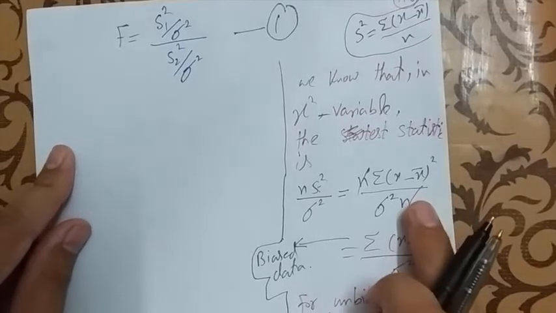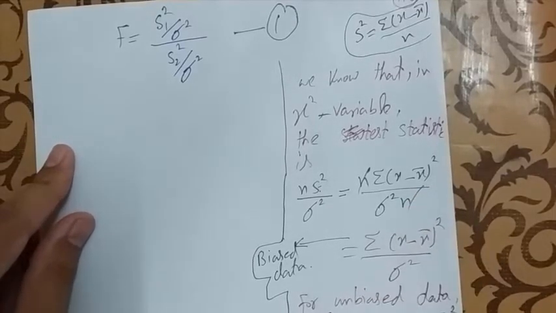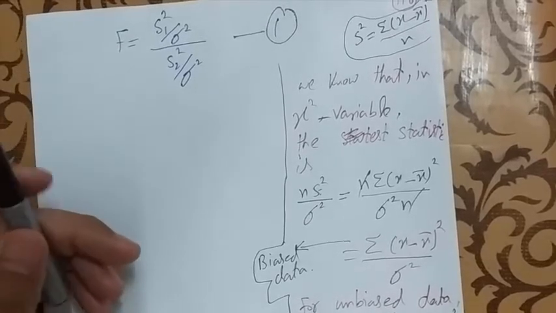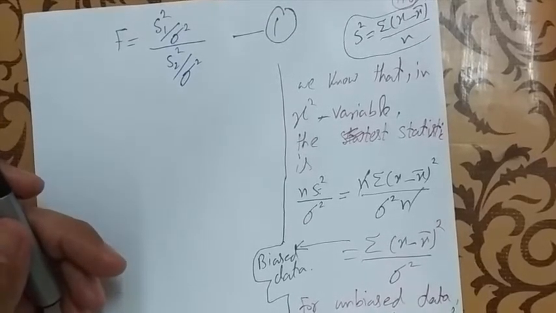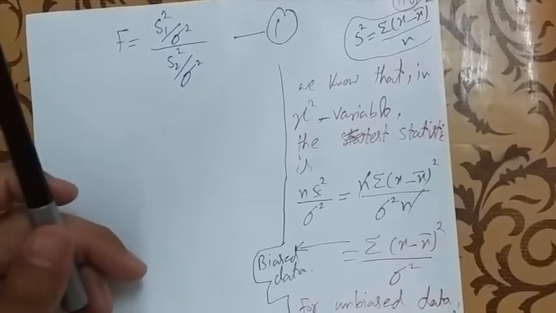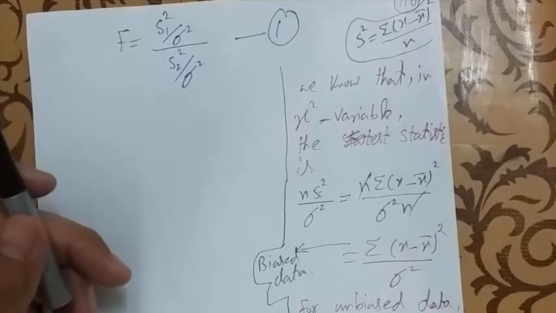But for biased data n comes. These cancel out and the remaining part is summation (x minus x bar) whole square over sigma square. This value we use for unbiased data.